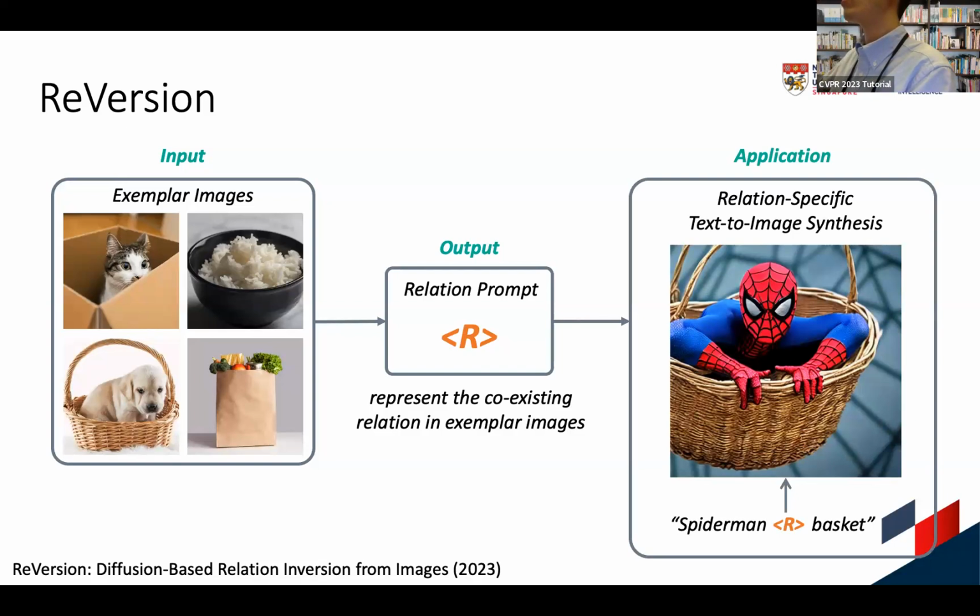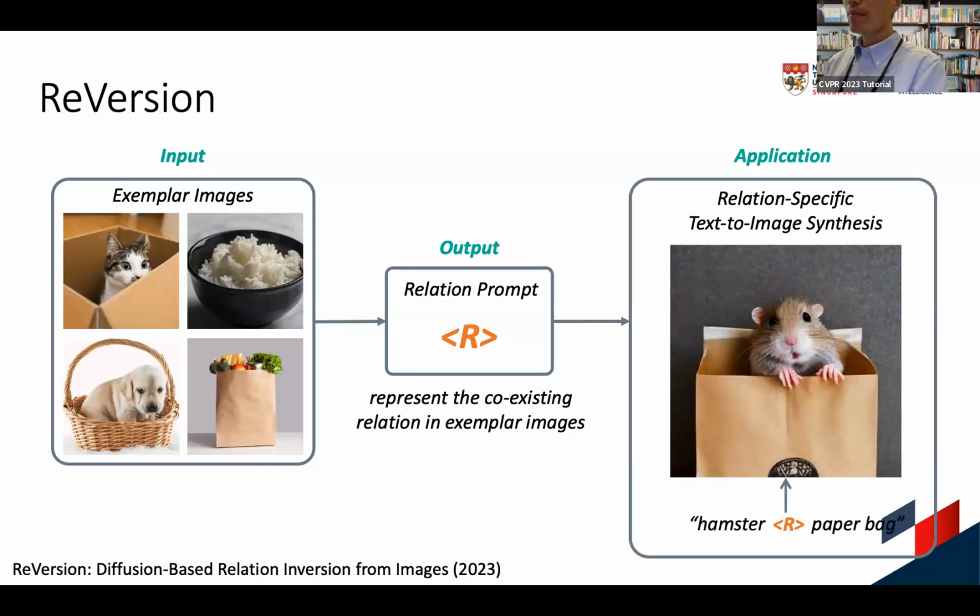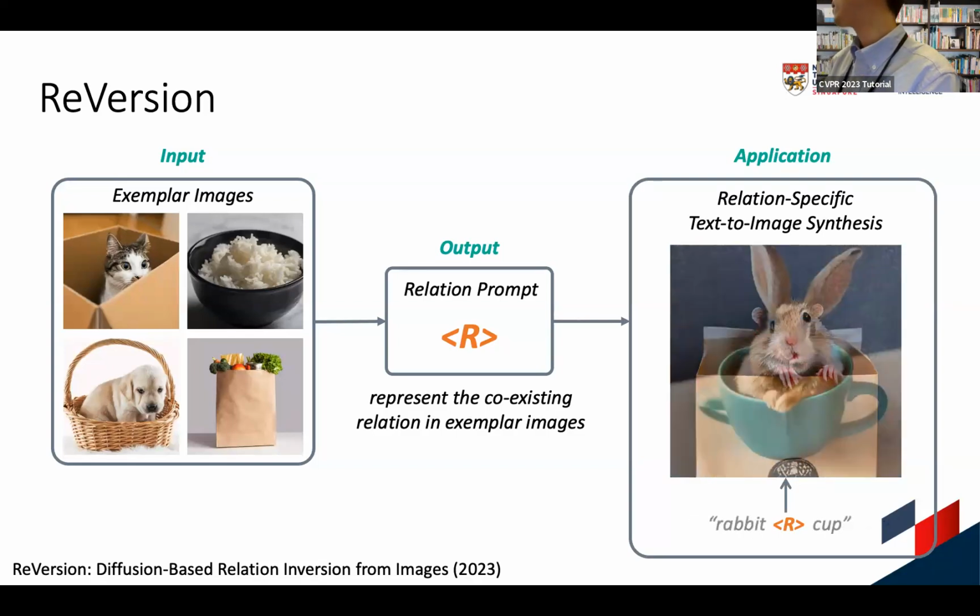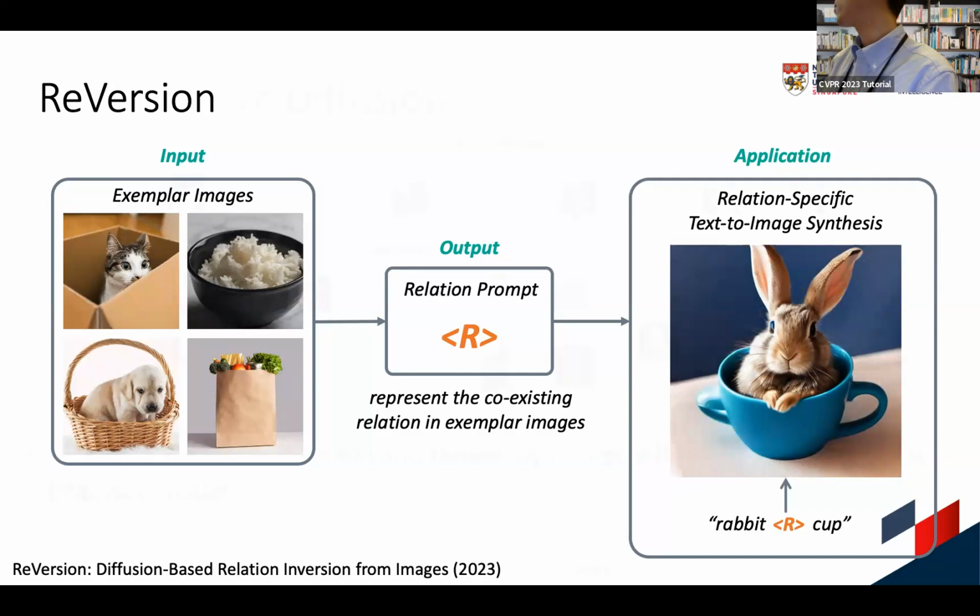I think this work also showed that the original Stable Diffusion finds it very hard to capture the relations between different subjects. By using this learned relation prompt, you can synthesize new things, like a hamster inside the paper bag or a rabbit inside the cup.